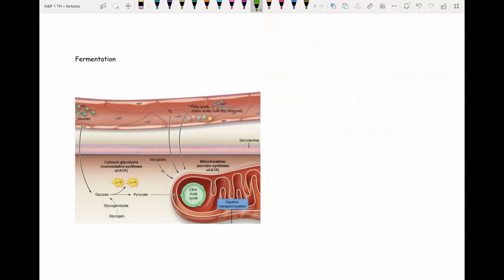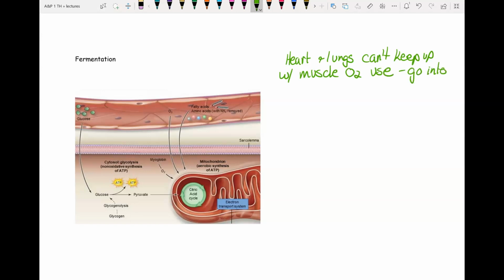Then our last one is fermentation. So everybody eventually will go into oxygen debt if you keep exercising. So fermentation is once your heart and lungs can't keep up with your muscles. So there's no more oxygen going to the mitochondria. So if there's no more oxygen, you shut the mitochondria down.